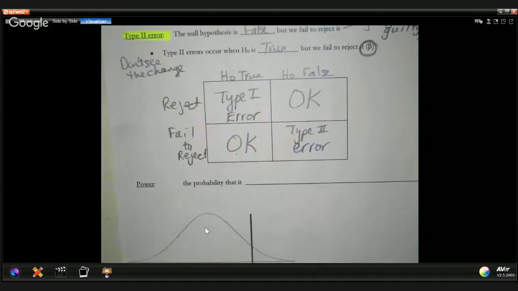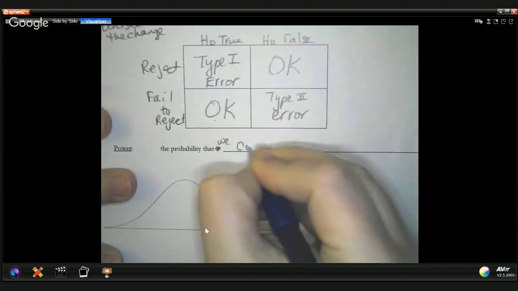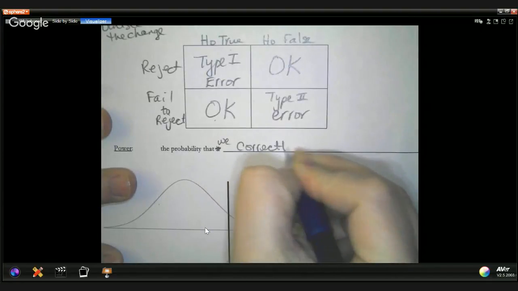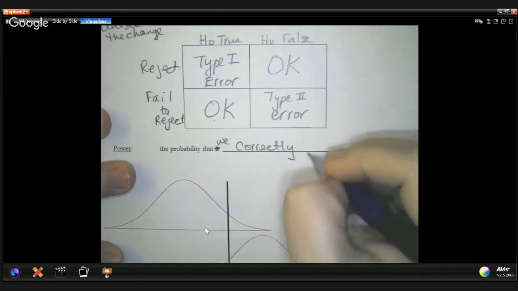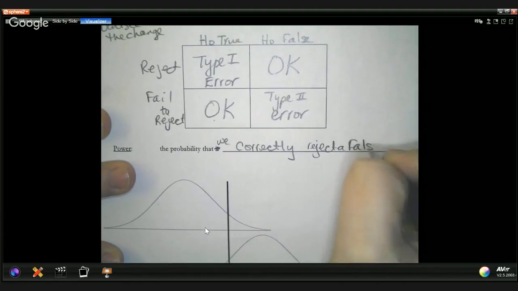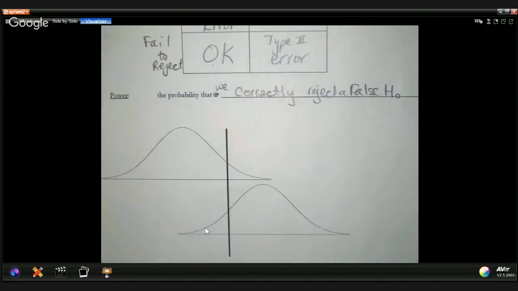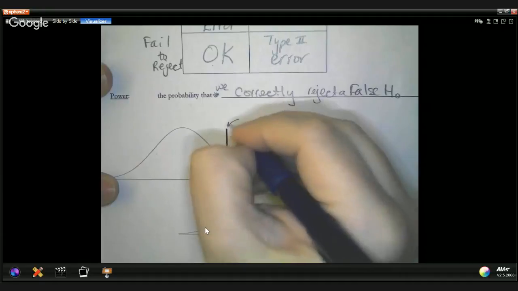Okay, the last thing I want to talk about is power. Power is the probability that we correctly reject the false null. This line right here represents our alpha level.